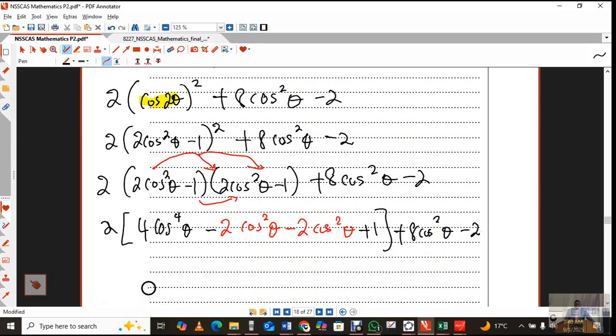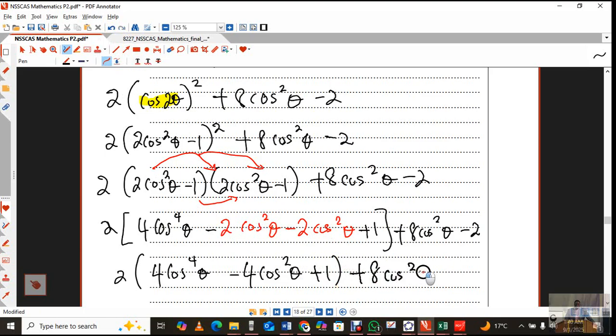See why I didn't like this question for our students. That is 4 cos 4 theta minus 2 of this. This is 2 of them, so it's minus 4 cos square theta plus 1 plus 8 cos square theta minus 2.